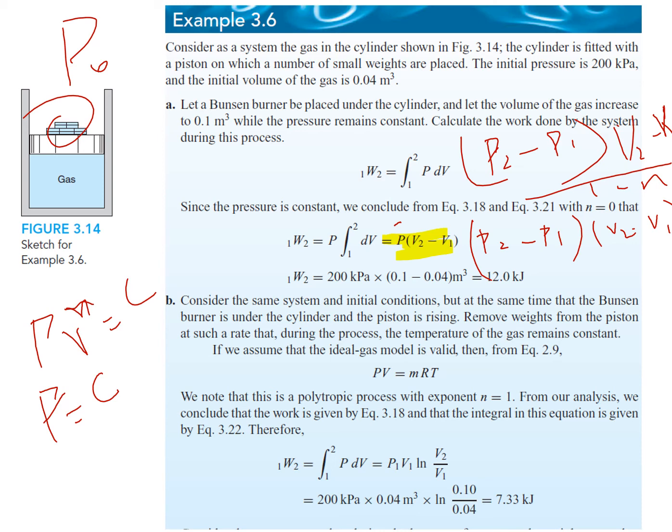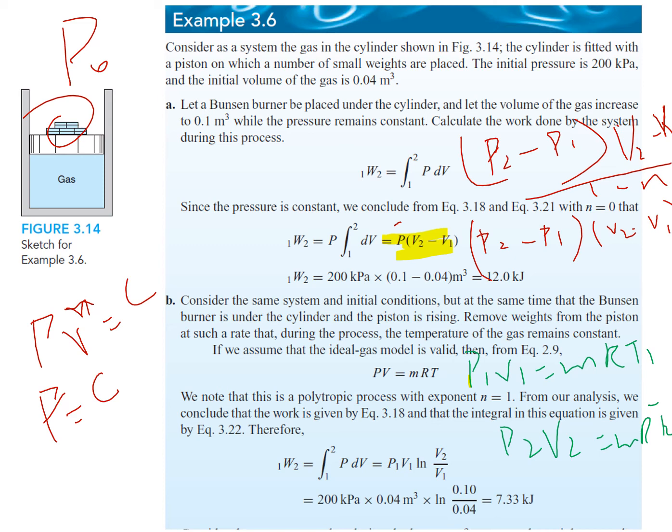volume and temperature relationship at state 1 and state 2. Let me write over here that we have P1 V1 is equal to mRT1 and P2 V2 is equal to mRT2.